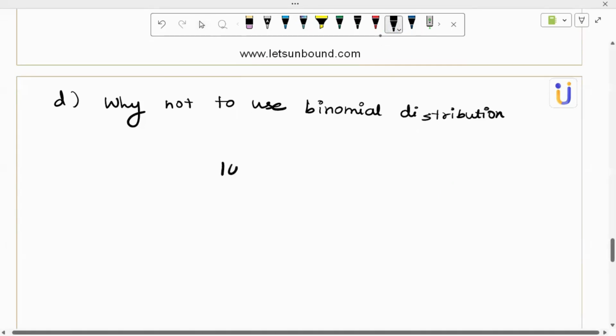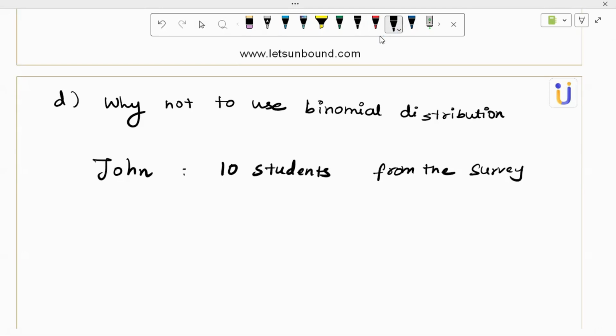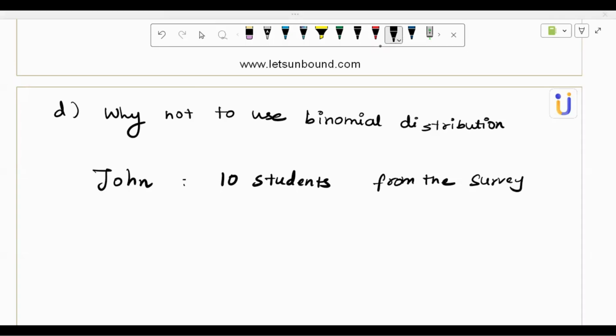So he picked 10 students from the survey. That is one thing we can note. In the survey, I have a combination of people: those who have a dog, cat, both, neither. Right? And he is picking 10 students. What is the probability that 5 of these students have a dog?